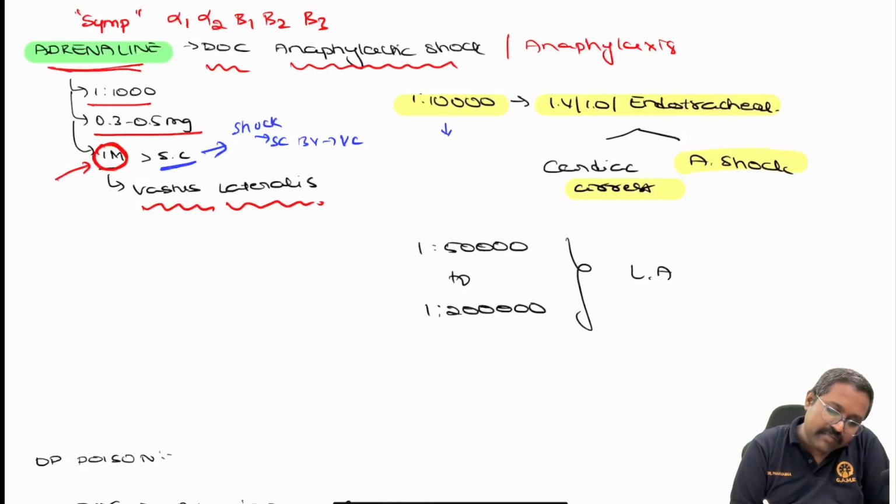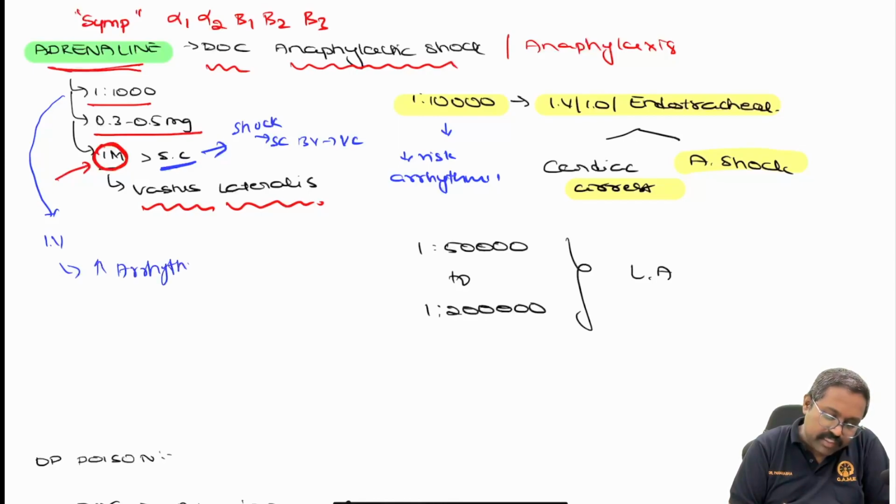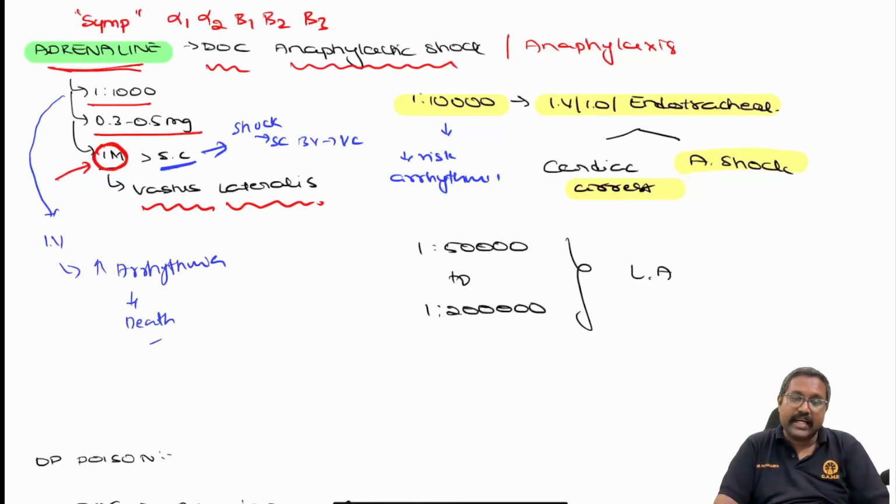The reason being, it will decrease the risk of arrhythmias. If you use this dose in the IV route, there's an increased risk of arrhythmias. It can precipitate arrhythmias and it can lead to death. That's why the dilution has to be made before giving it through the IV route.